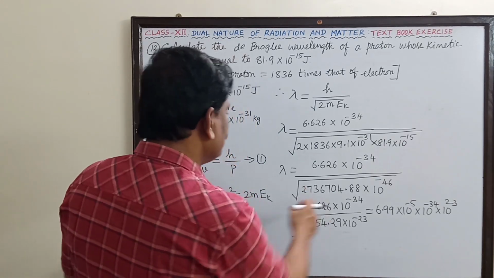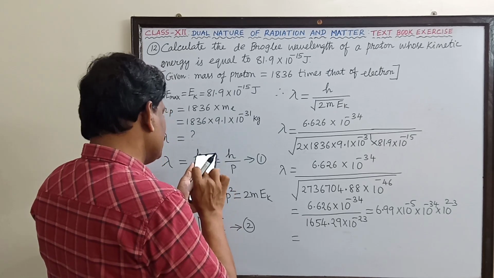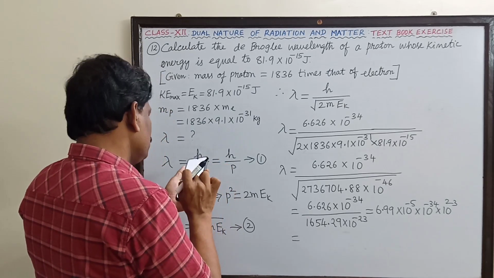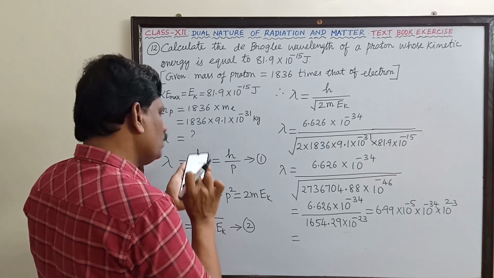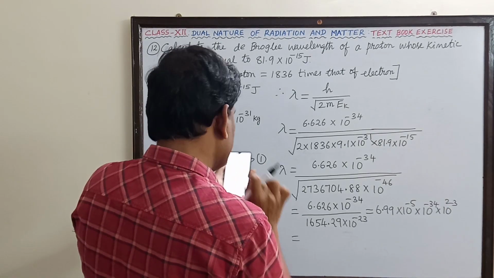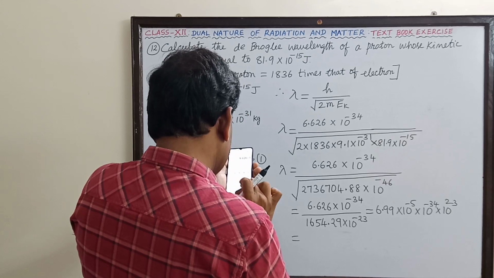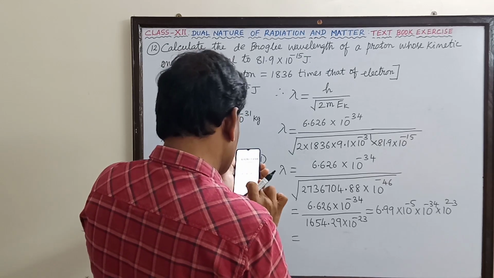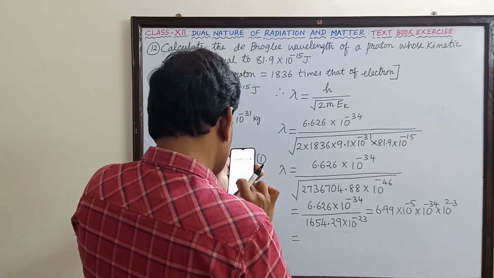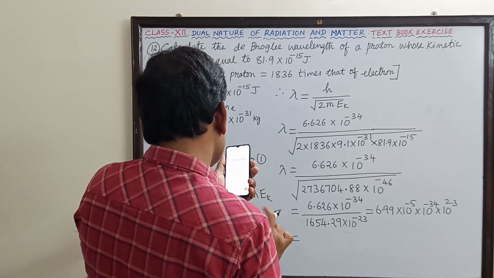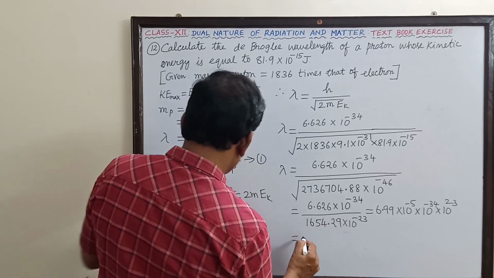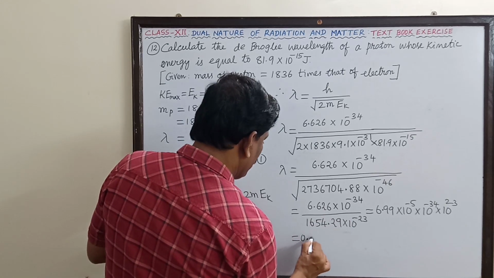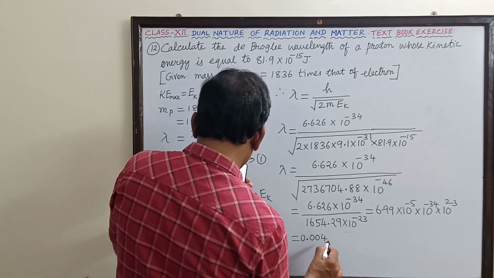So I will recheck this value. 6.626 divided by 1654.29. So this fraction is coming as 0.00400.